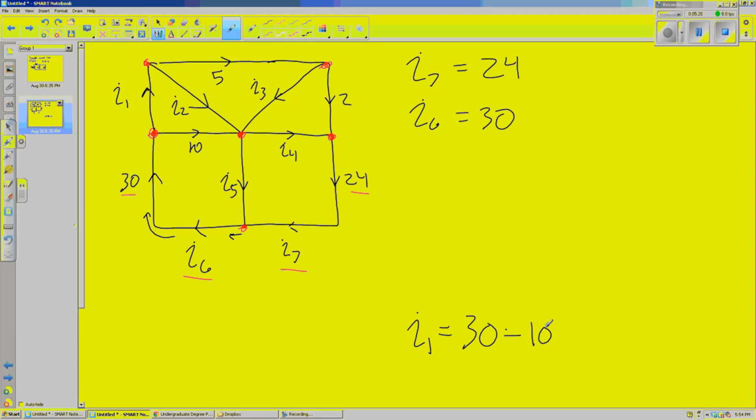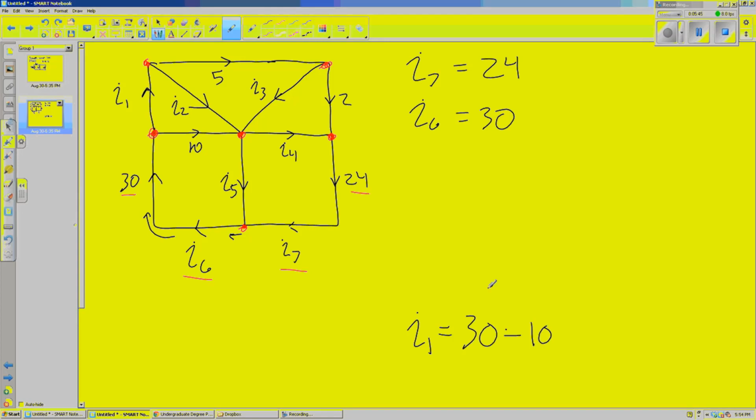All I've done is say that I1, which is flowing away, is equal to the 30, which is flowing in, so that's on the right side. But for the negative 10, I've switched the direction, right? Instead of flowing out, it's flowing negative 10 in.